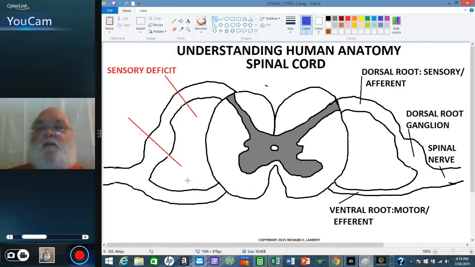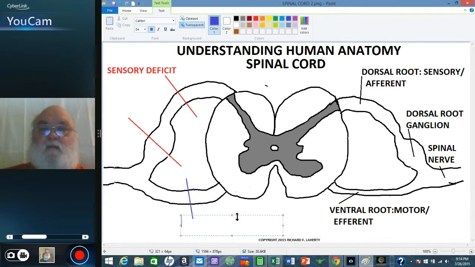Now, if there was damage to the ventral root, then we would have paralysis. Again, paralysis of the muscles supplied by this nerve or the muscles of this segment of the body.